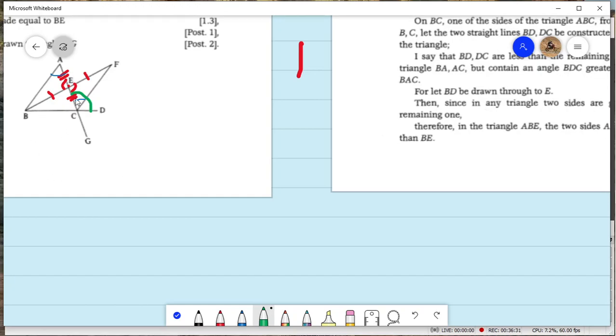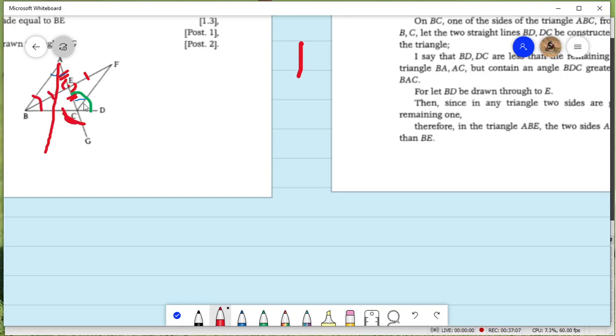Okay? Then it can also be proven that this green angle is greater than this angle, let's color it red, by considering this time the bisector of line segment BC. If you consider that, you can show that this would be greater than this one with a similar argument.